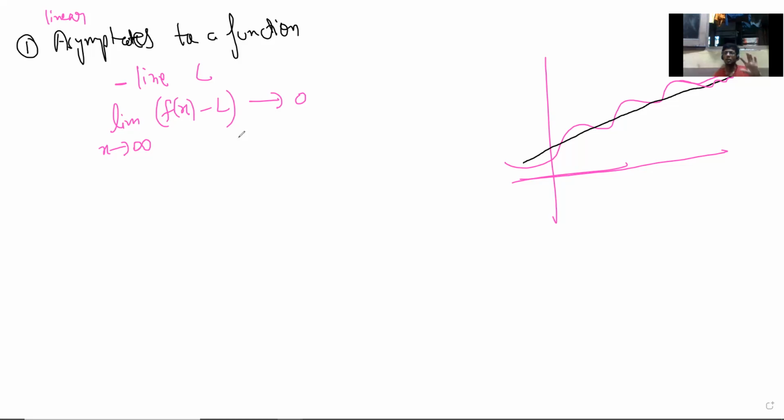Do you see everything on the board, that limit x tends to infinity, f(x) minus L goes to 0 is written? That's good. So my question is, are we missing anything?